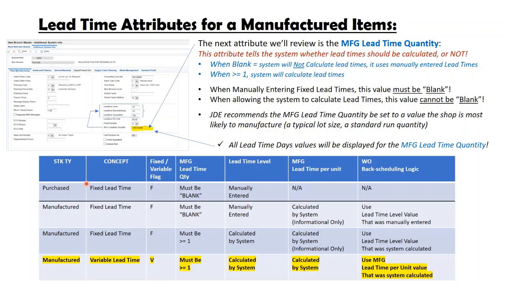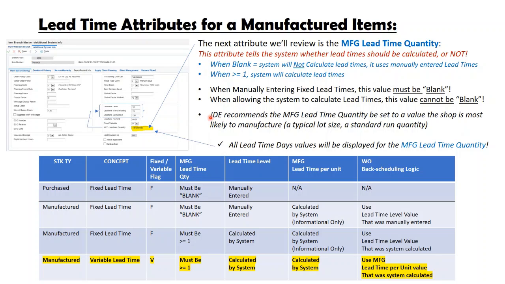It uses the manually entered lead times. But when the value is greater than or equal to 1, the system will calculate lead time. When manually entering fixed lead times, this value must be blank. When allowing the system to calculate lead times, this value cannot be blank.